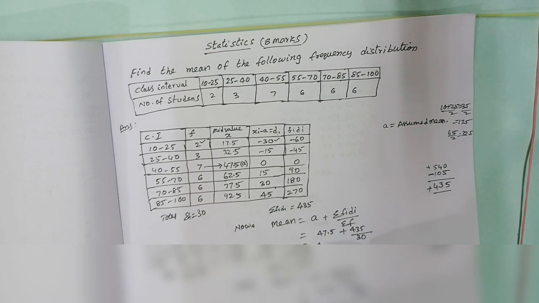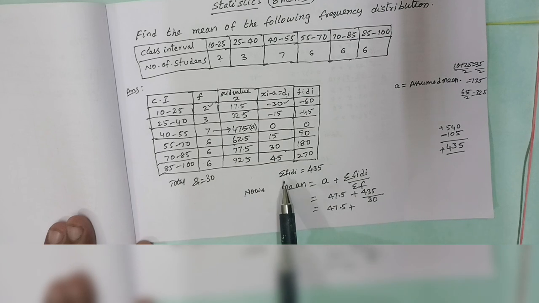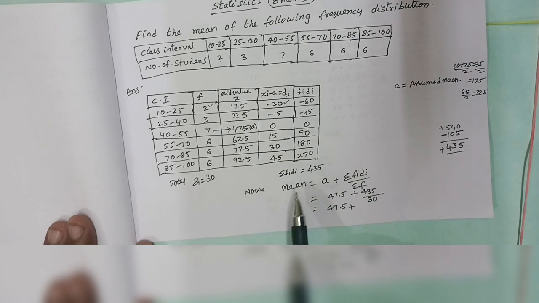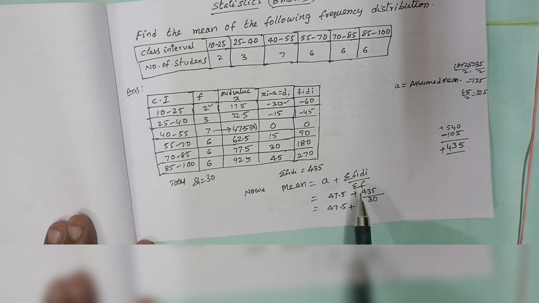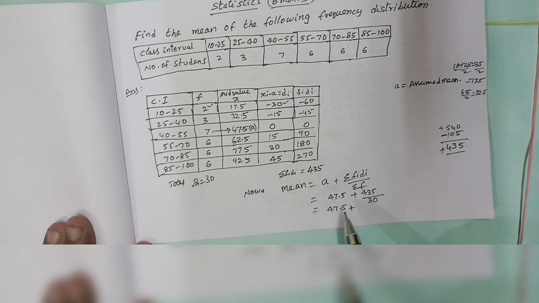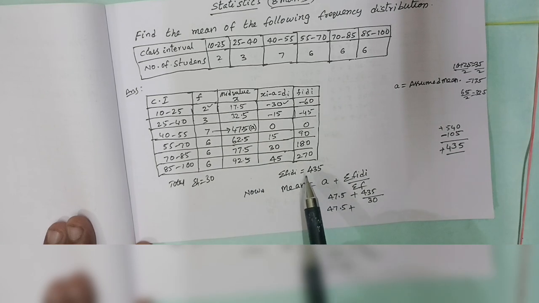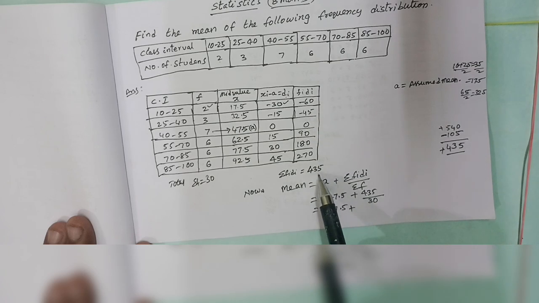Now 47.5 plus this division we have to do. Sigma fi di is 435. Now mean formula is a plus sigma fi di by sigma f. A means 47.5, we know here, plus sigma fi di total, this one, 435 by sigma f, 30.